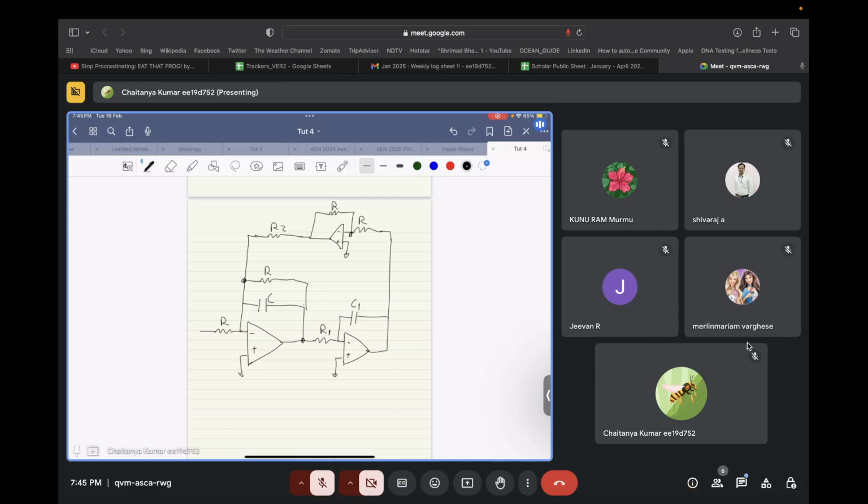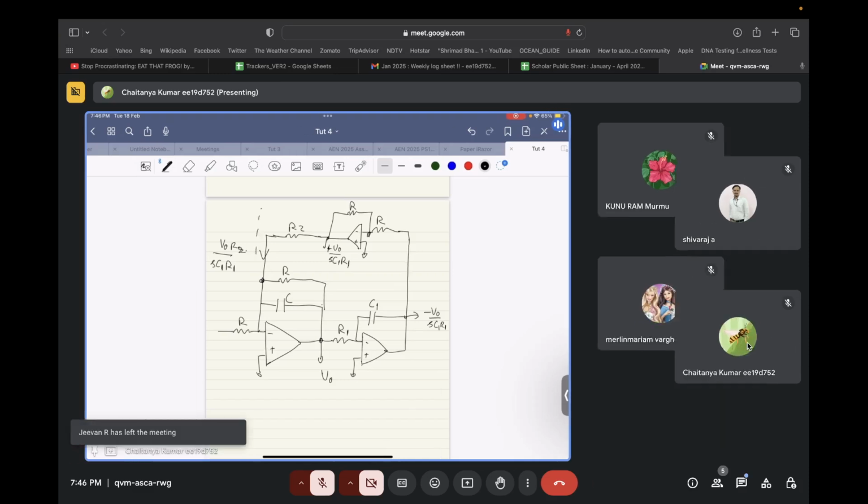Okay, so here is your output voltage. If this output voltage is V0, here you will get minus V0 by S C1 R1, and that becomes plus V0 by SC1 R1, and the current that will be flowing over here is V0 by SC1 R1 times R2.